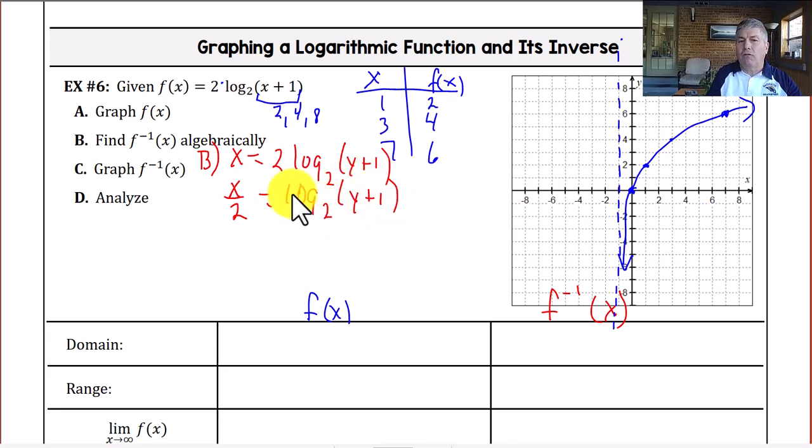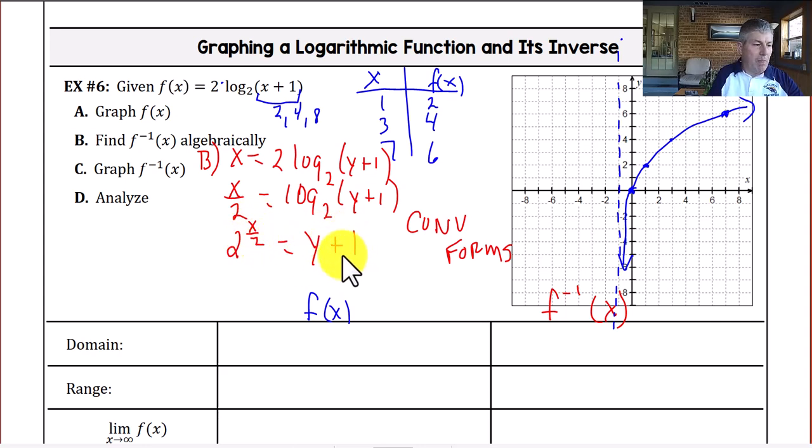And now I'm going to convert from logarithmic form to exponential form. I'm going to go log base answer equals exponent. So the exponent on 2 is x over 2. So 2 to the x over 2 equals y plus 1. I subtract 1 from both sides and get 2 to the x over 2 minus 1 equals y. And that is the inverse function.